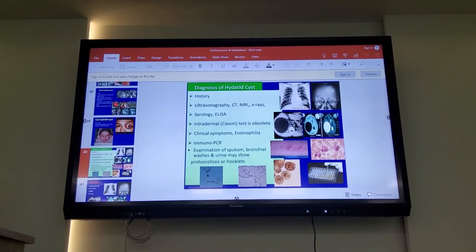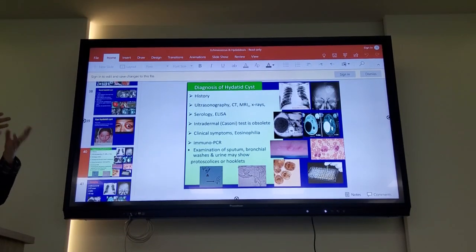Exactly. When we are doing a serological test, we are either going to find the antibody against the parasite or detect the antigen. But most of the available kits are based on antibody detection. So we use serological tests, especially for diseases like hydatidosis, where we cannot use parasitological tests.